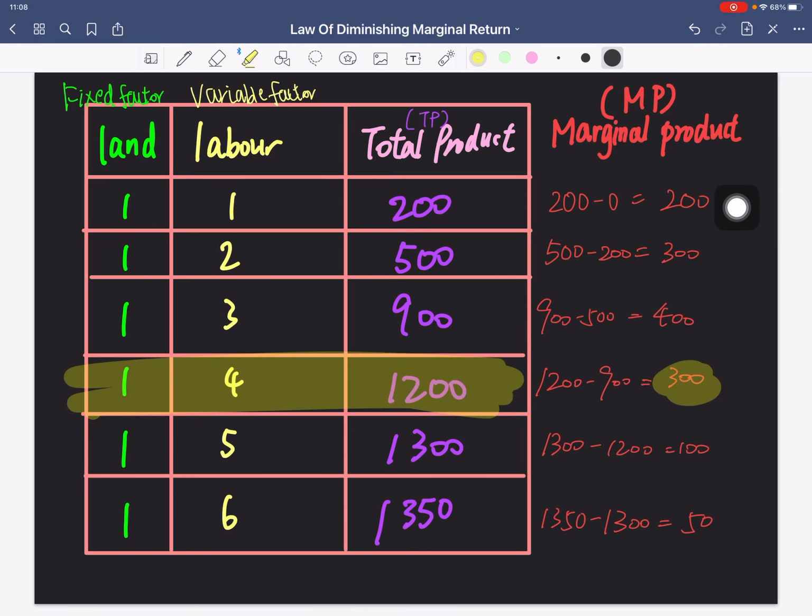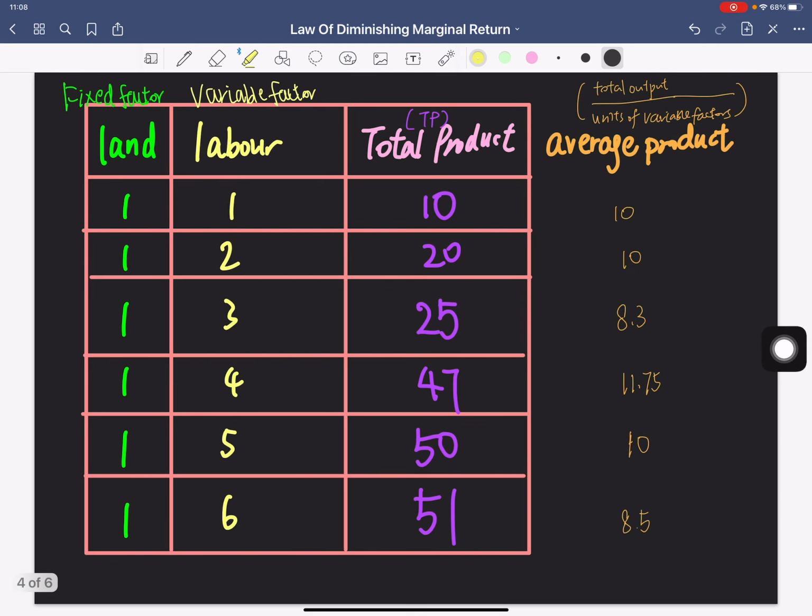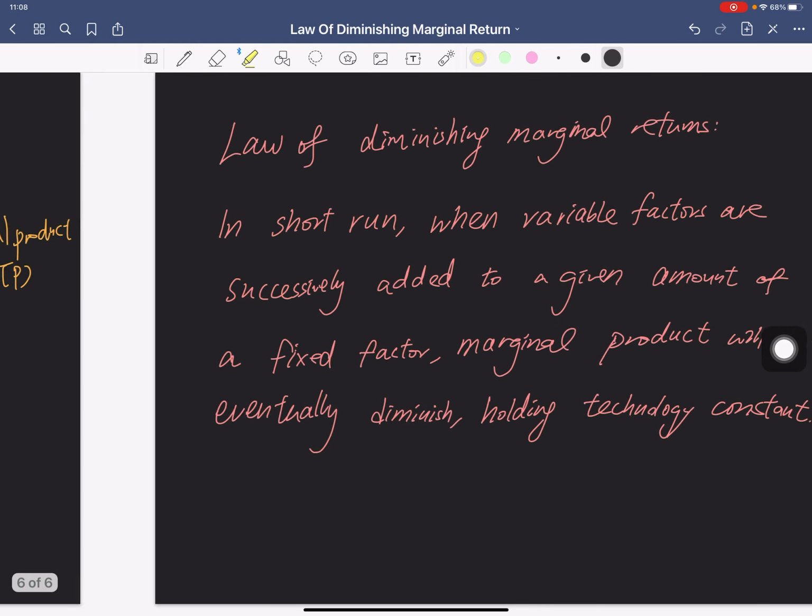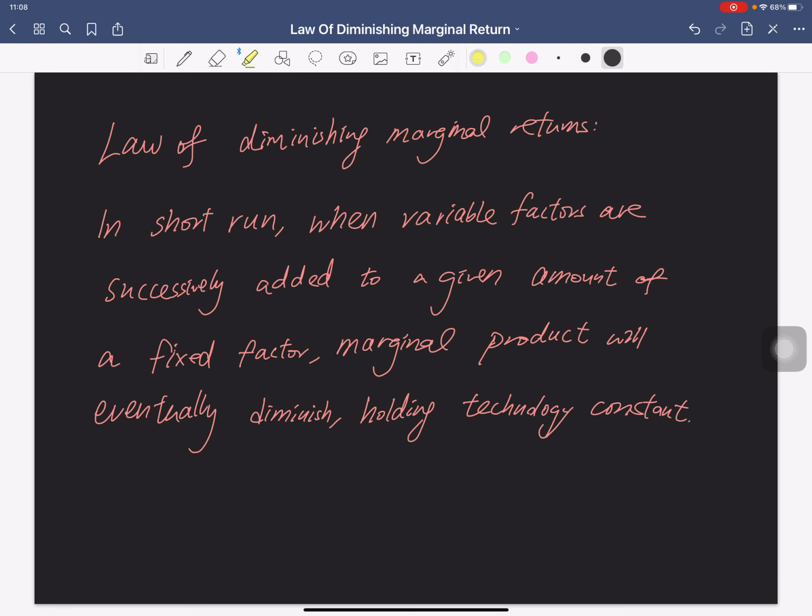You can see the marginal product at first, when we employ one additional unit, increases. But when we start to add the fourth unit of labor, the marginal product starts to decrease. And it leads us to this law. We call it the law of diminishing marginal returns.